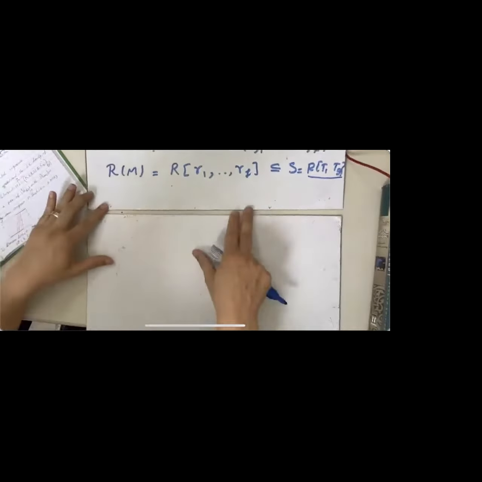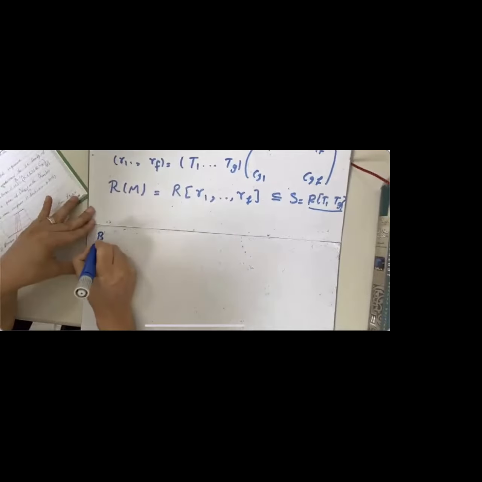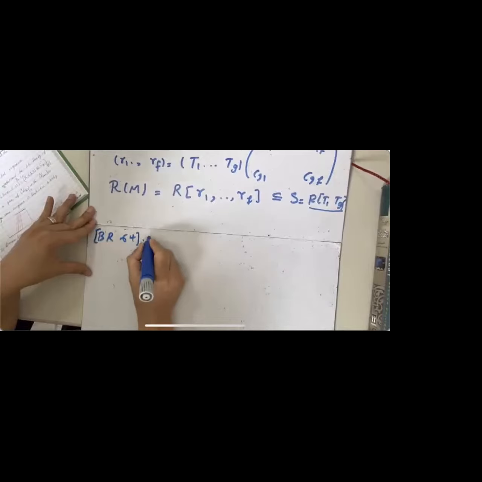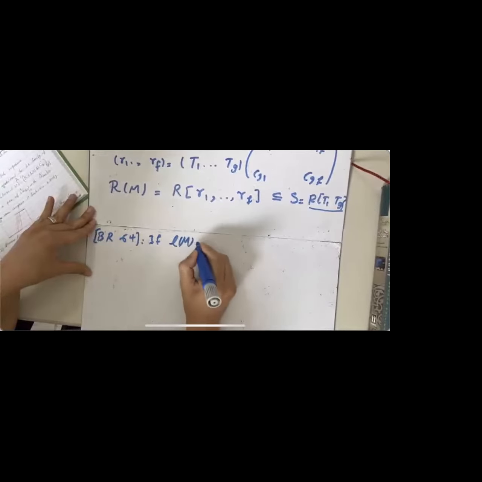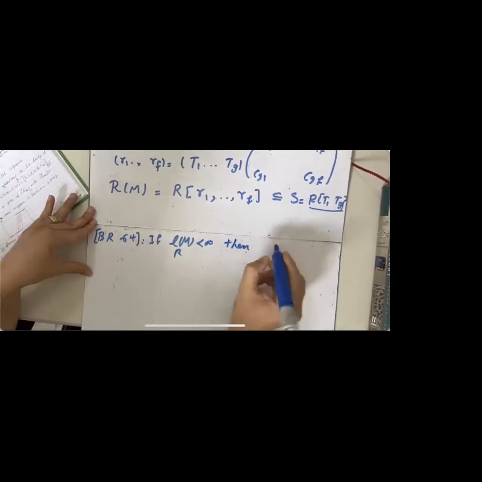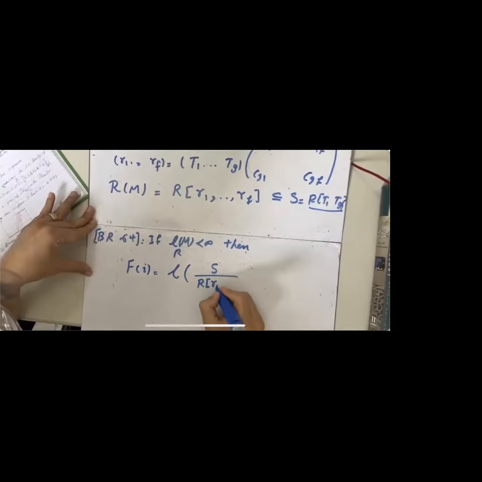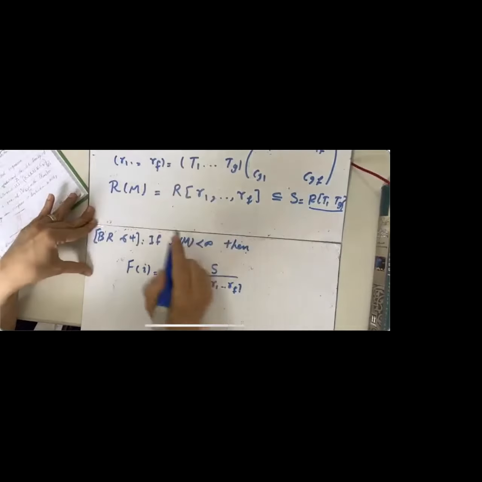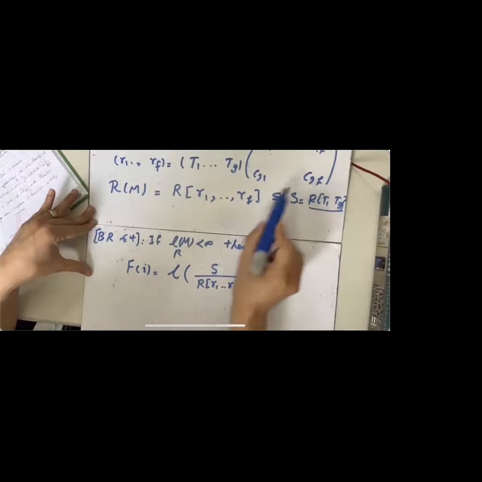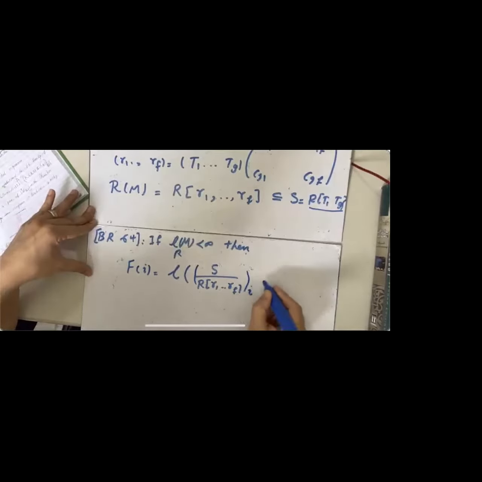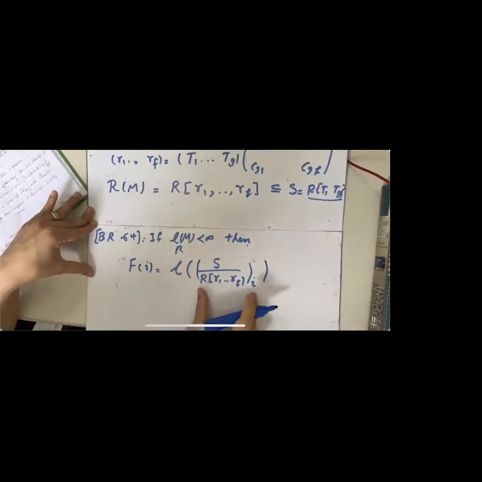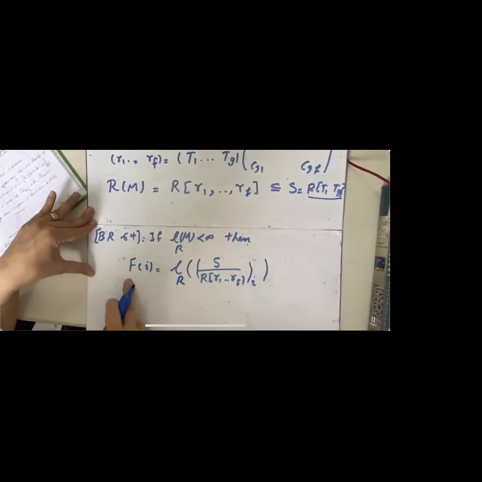But then what Buchsbaum and Rim showed, in 1964, is that if the length of M is finite, then the function phi(i), which is the length of S, this polynomial extension over R, modulo gamma 1, ..., gamma F, where gamma 1, ..., gamma F is just the equation of the symmetric algebra, in degree i has finite length, and this function that defines the finite length is a polynomial.